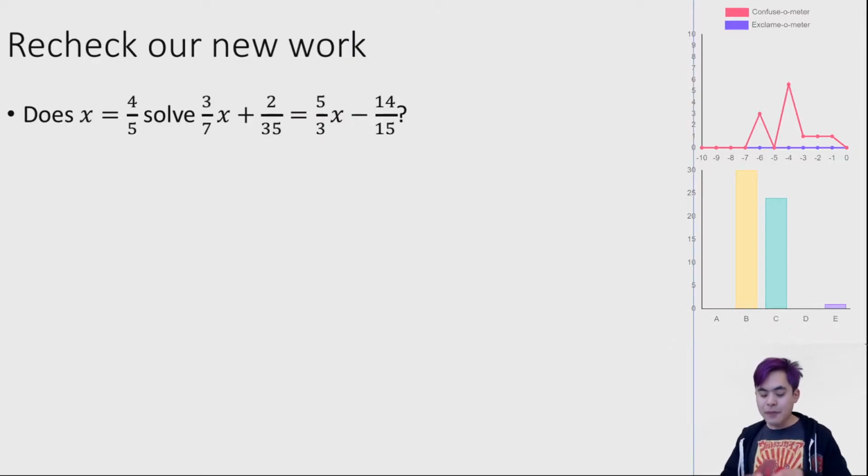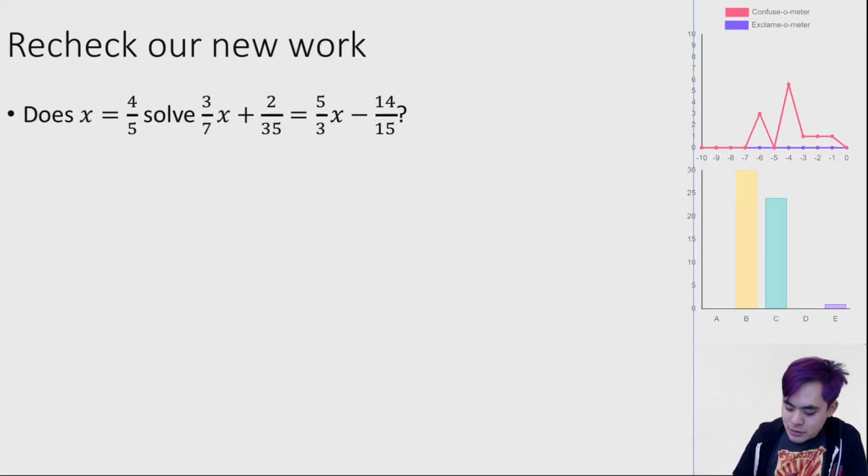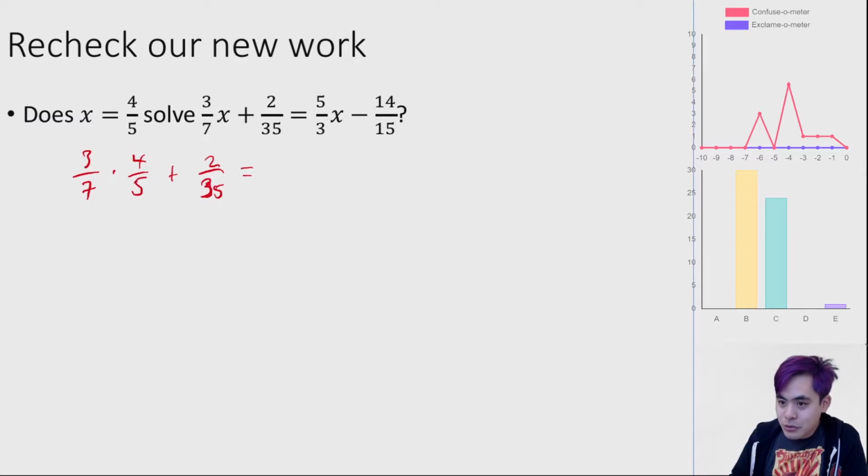Okay, but now we have this here, and let's recheck our work. Does this solve it? All we do is plug it back in. So 3/7 times 4/5 plus 2 over 35, is that equal to 5 over 3 times 4 over 5 minus 14 over 15?